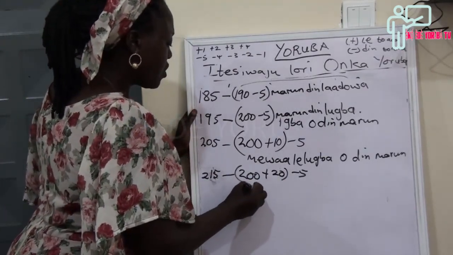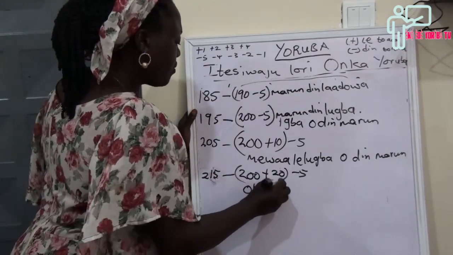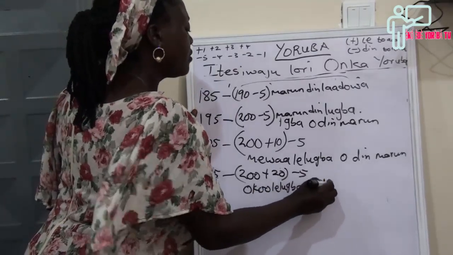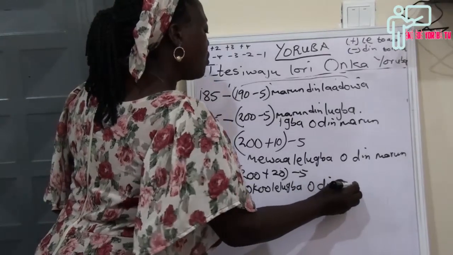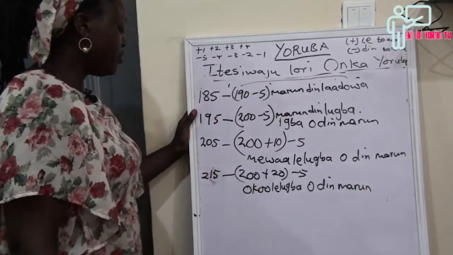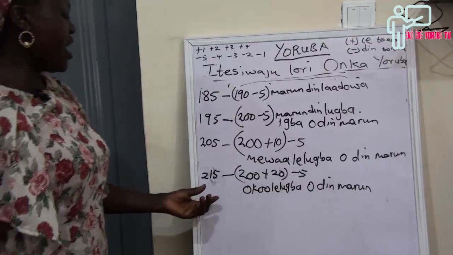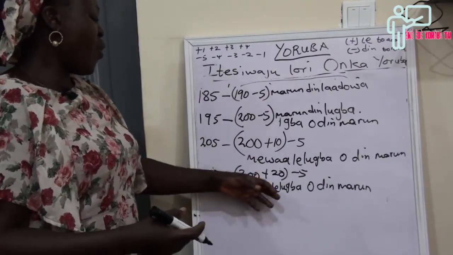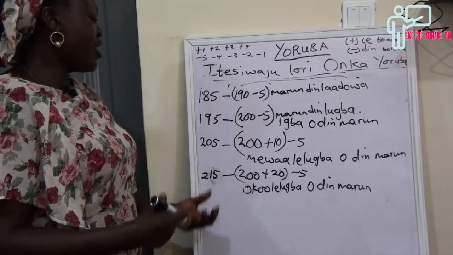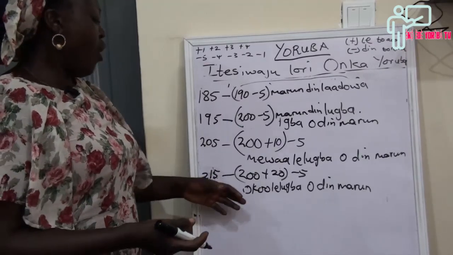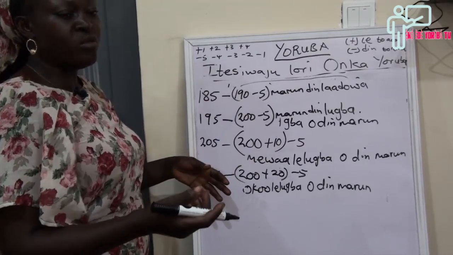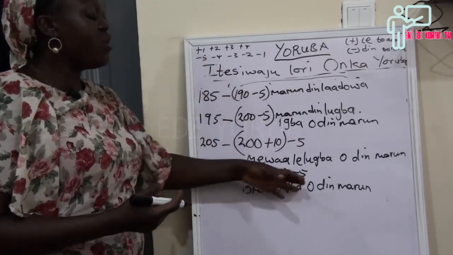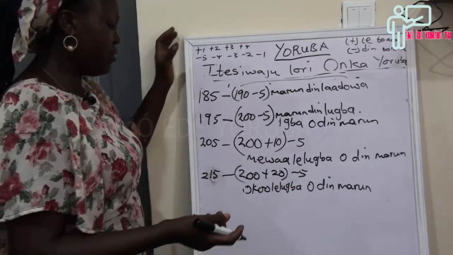Okòólélúgba ó dín márùn-ún. You know, we cannot say ẹ̀ẹ́dógúnlélúgba. So it's okòólélúgba ó dín márùn-ún. Or you can say igbálélógún ó dín márùn-ún. But the correct one is okòólélúgba ó dín márùn-ún.